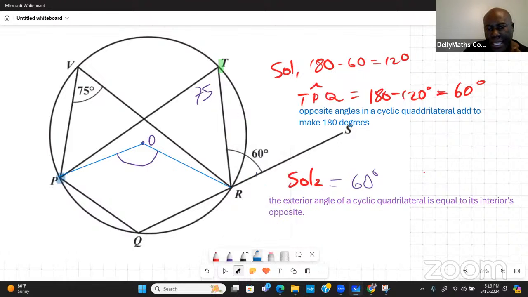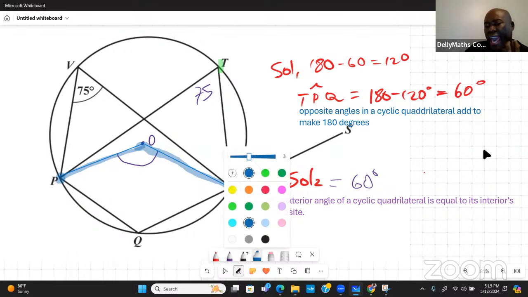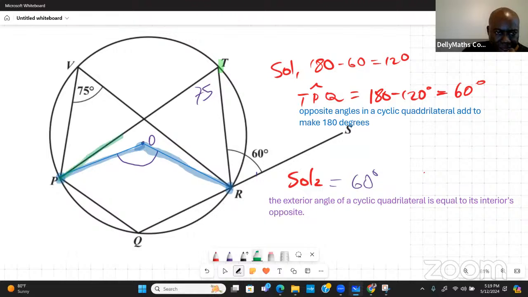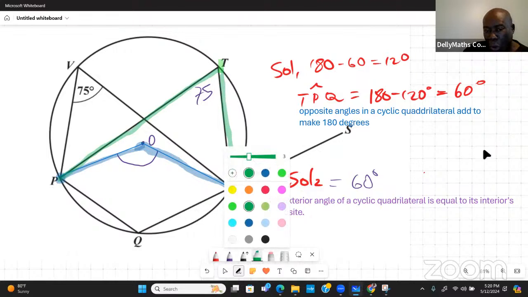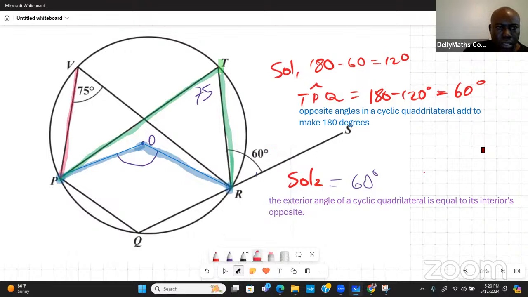POR was developed from P and R. And then I asked myself, which other angle was developed from this same spot? I'm seeing this to use to help me, because it came from the same spot, P and R.